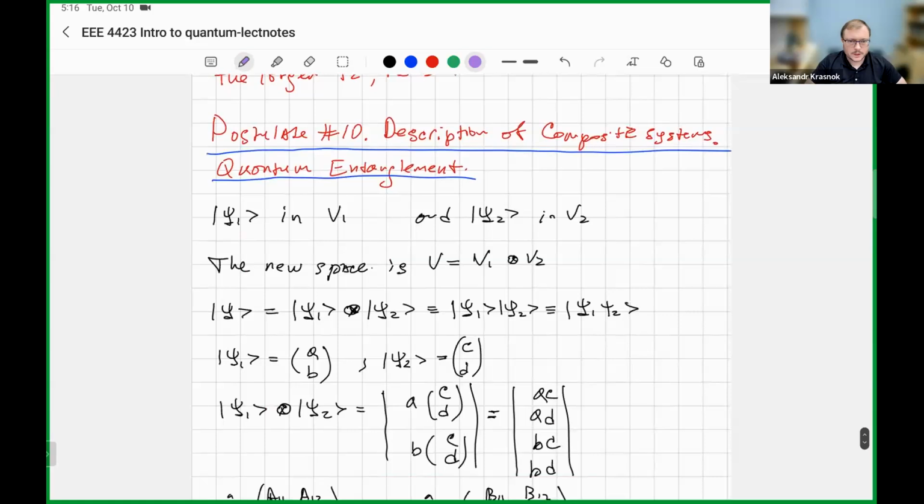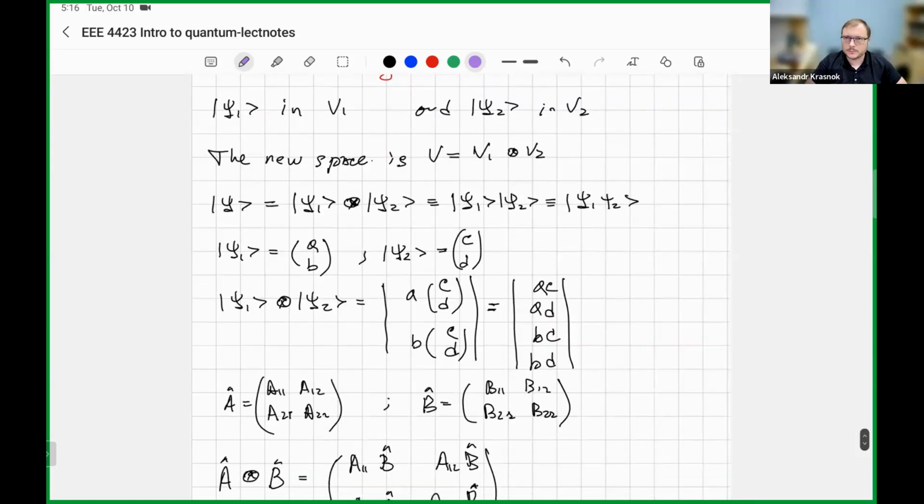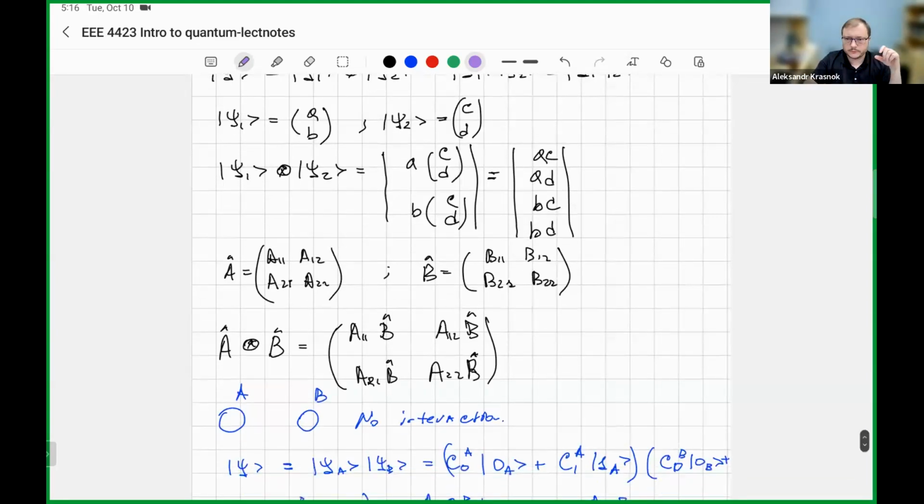Then we discussed how we combine qubits to form multiple qubit systems. It is given by the tensor product operation. For example, if we have two qubits, each described by a psi state vector, we combine them with the tensor product.